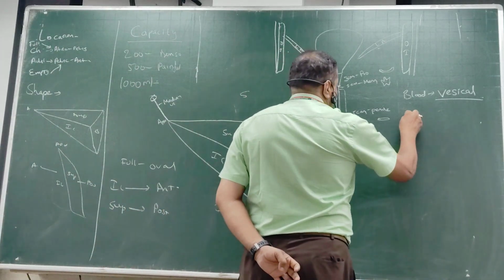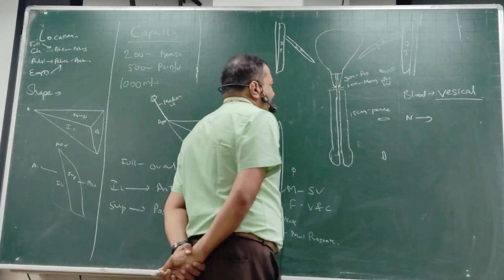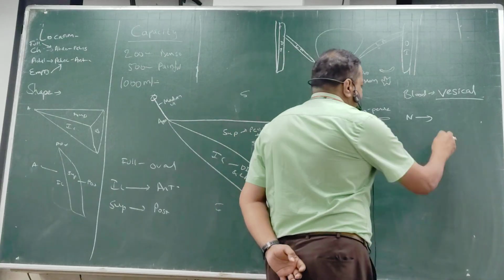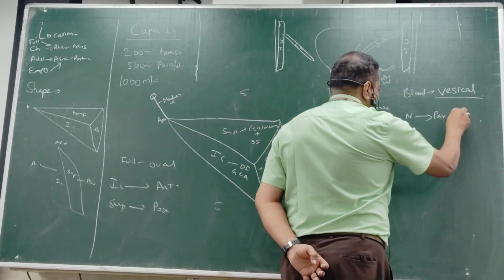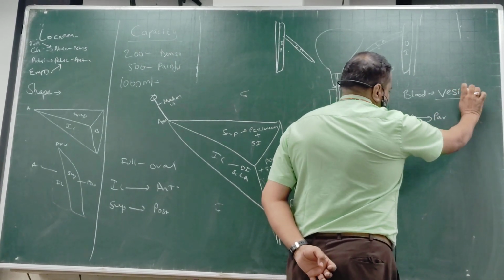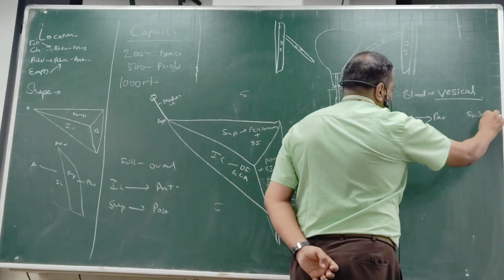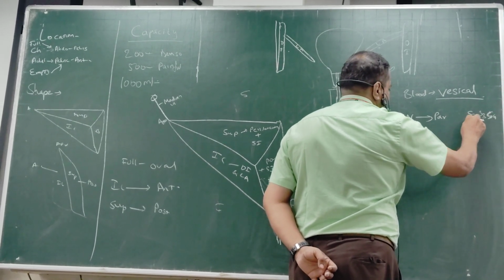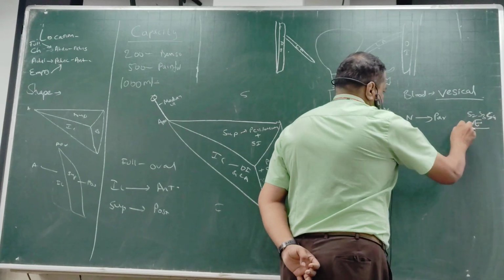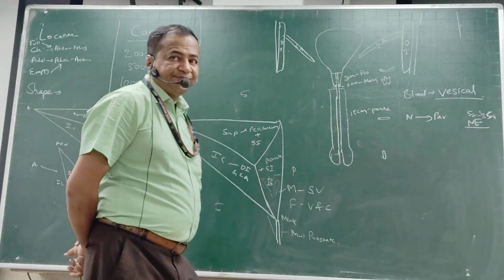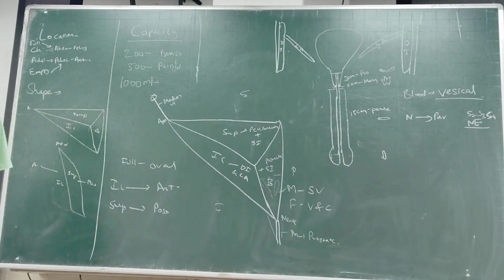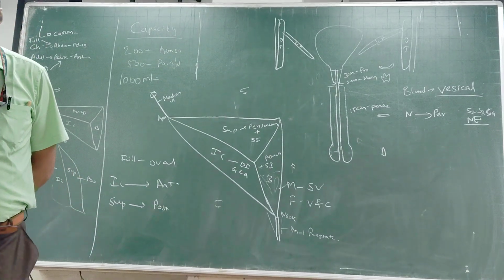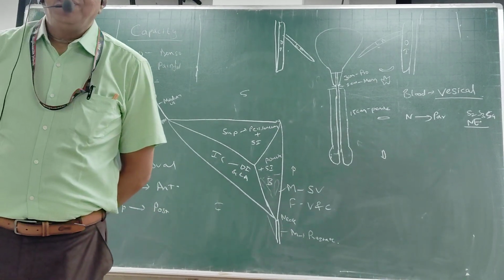Now the nerve supply. The parasympathetic comes from S2, 3, 4. What is S2, 3, 4 called? Nervi erigentes. Have you heard this name? You have studied the autonomic nervous system, haven't you?